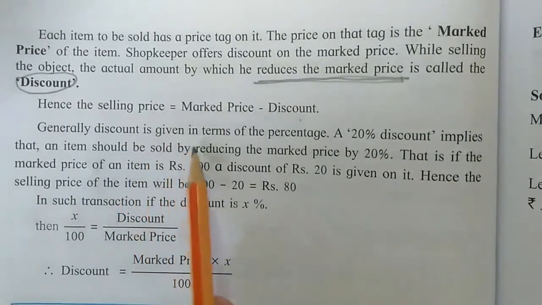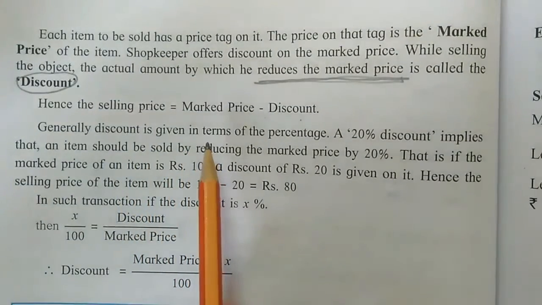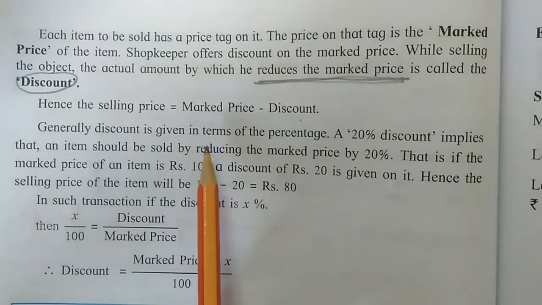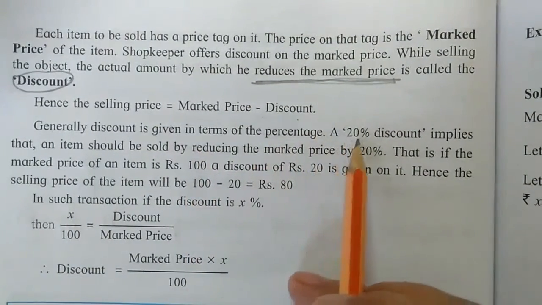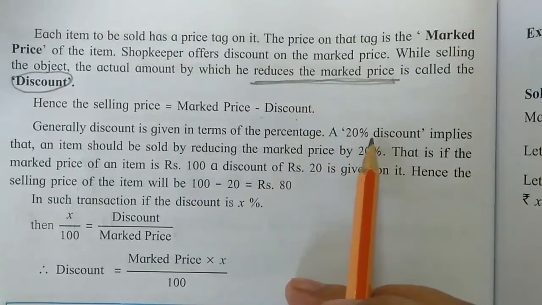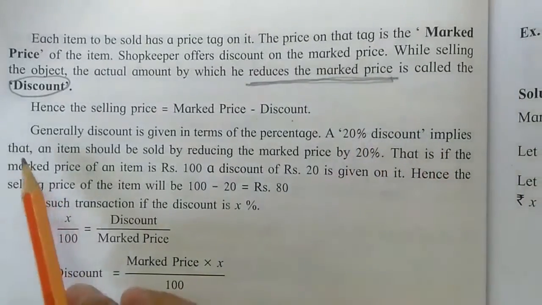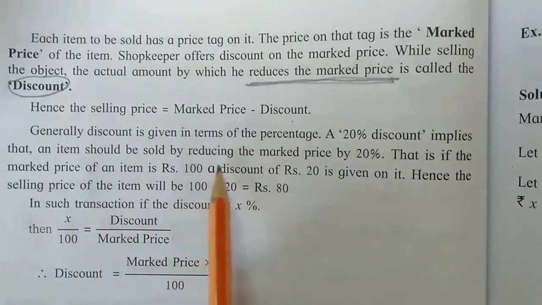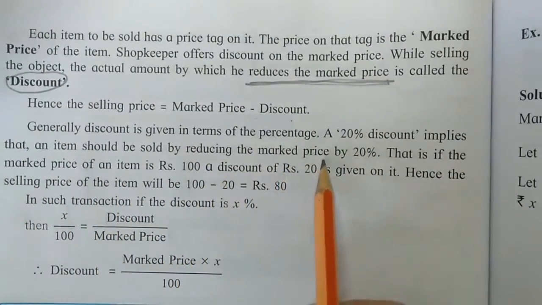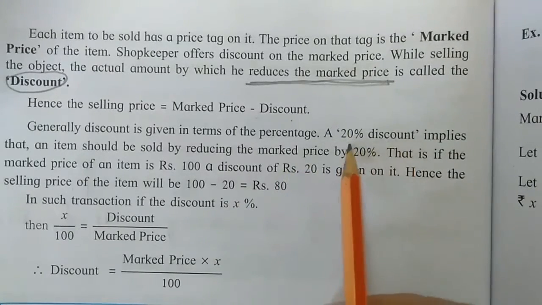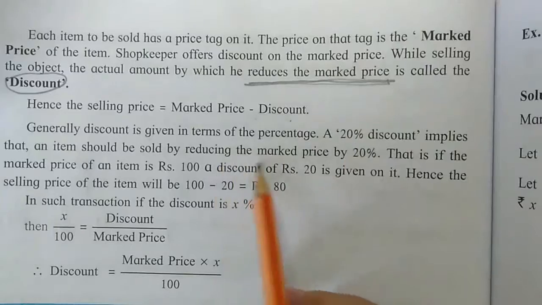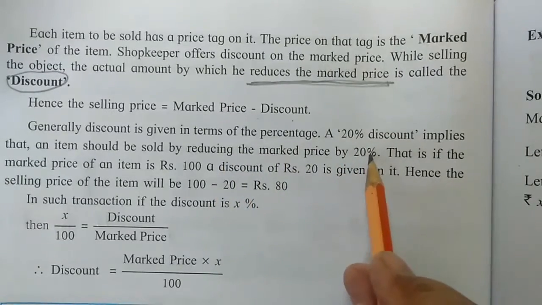Very simple. Generally discount is given in terms of percentage. I already told you, 25% discount on the saris, 5% discount on the shirts. So the discount is always given as a percentage. It implies that an item should be sold by reducing the mark price by 20%. 20% discount means the mark price is reduced by 20%.